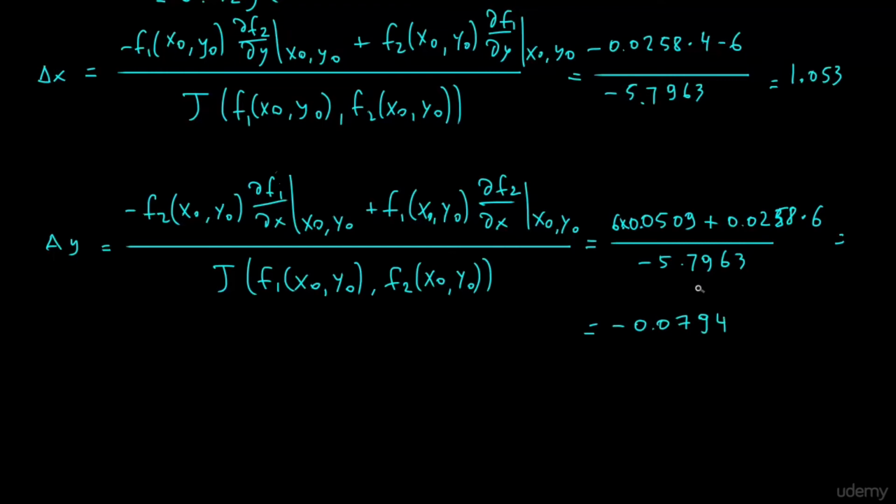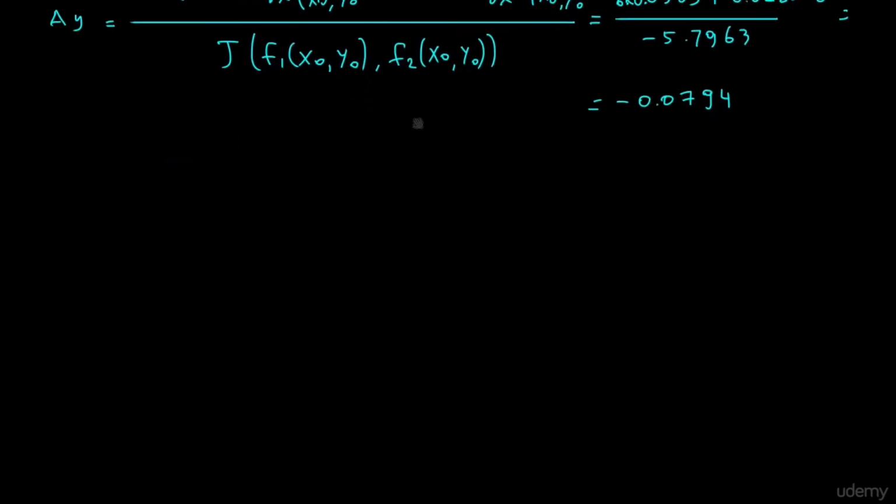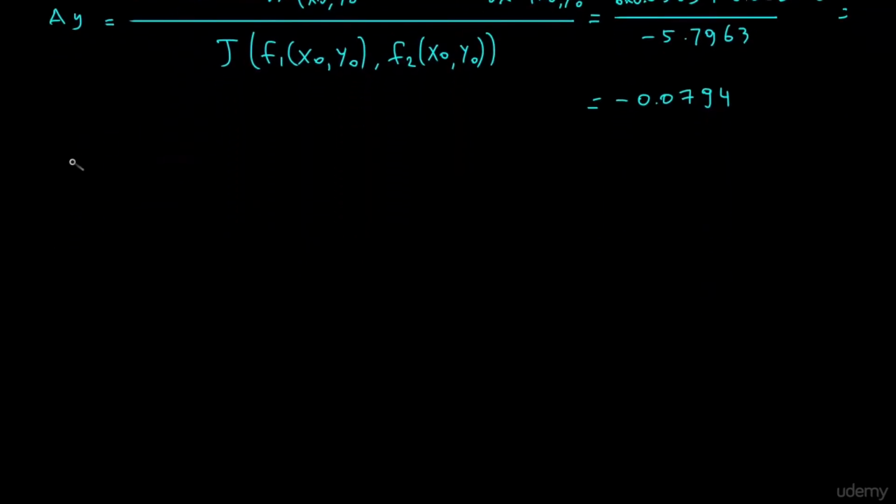0.0794. So now that we have the delta x and delta y, we can calculate the x and y values using the following terms. So essentially we define x1, the next iteration in our guessing for the actual x value, as x0 plus delta x.